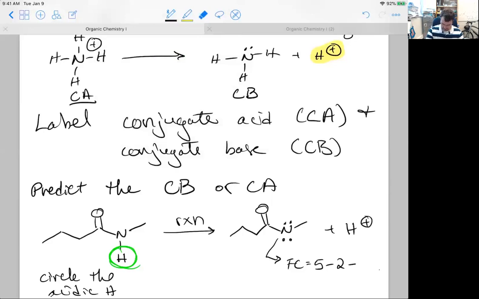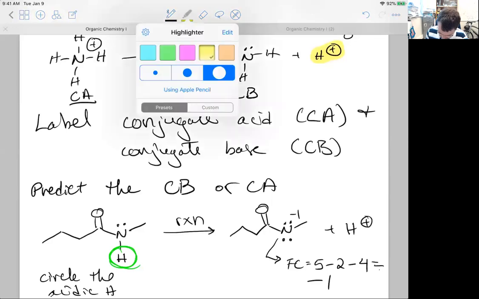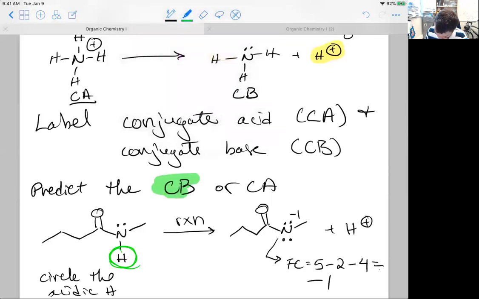Okay, so a lone pair sticks behind. So we have a new lone pair of electrons, so 5 minus 2 minus 4, that's equal to -1. We put the -1 up here, and we have predicted the structure of the conjugate base. So this is our Cb, and this is our Ca.